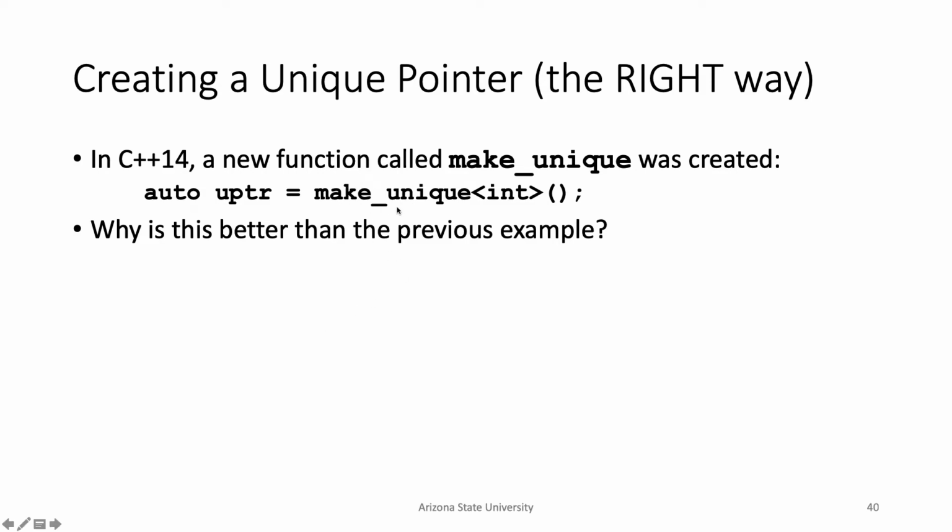So I would recommend using make_unique over just making a unique pointer. And then the cool thing is that uptr is a unique pointer. It works exactly the same as before. So why is it better than the previous example? Because you're not calling new yourself. That's the main reason for it.